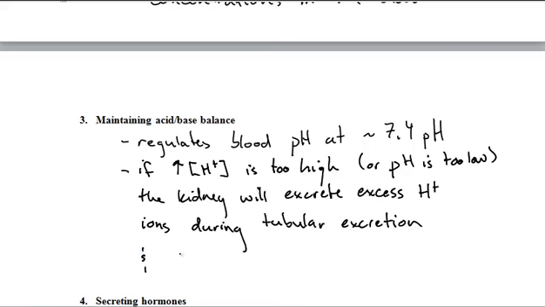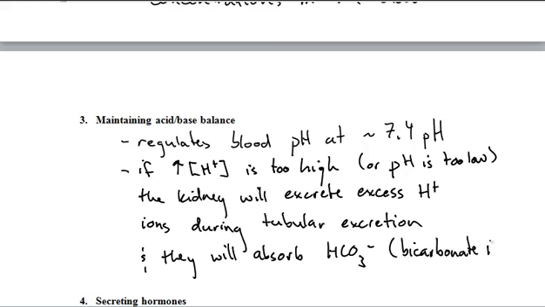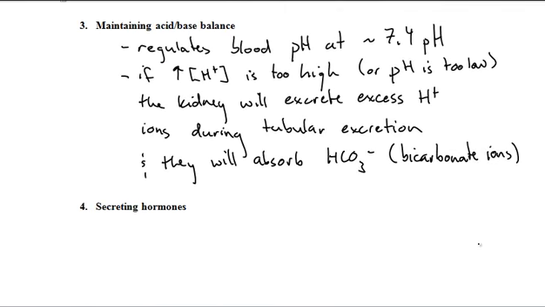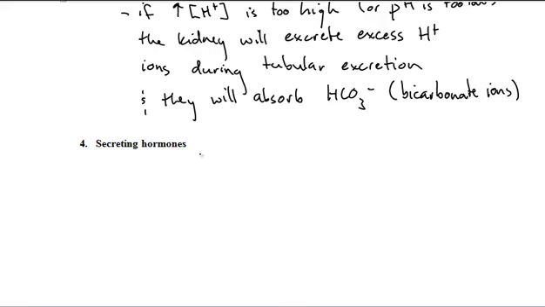As well, they will absorb HCO3 negative ions, so bicarbonate ions, to help regulate the pH. And finally, the urinary system is actually involved in secreting hormones, in particular involved in regulating blood pressure.